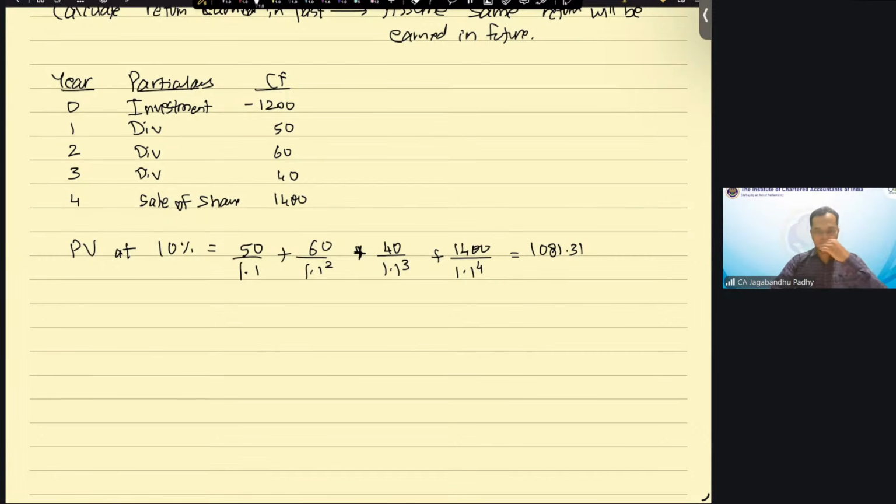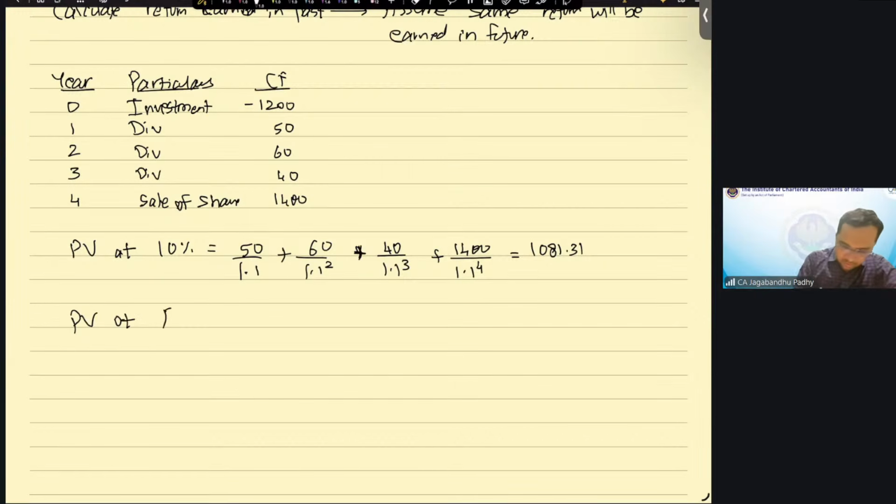So of course we are not matching that 1200 aspect. So if I want to match that 1200, do I need to increase the rate of discounting or decrease the rate of discounting? Of course, the rate of discounting needs to be decreased because we want to increase the value.